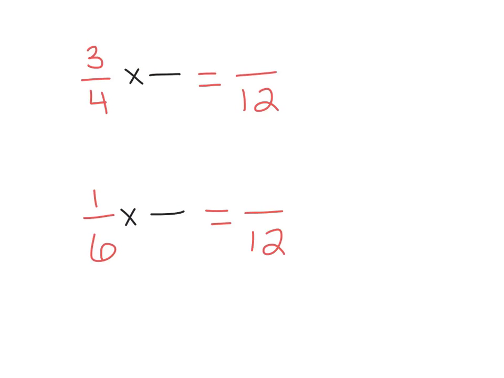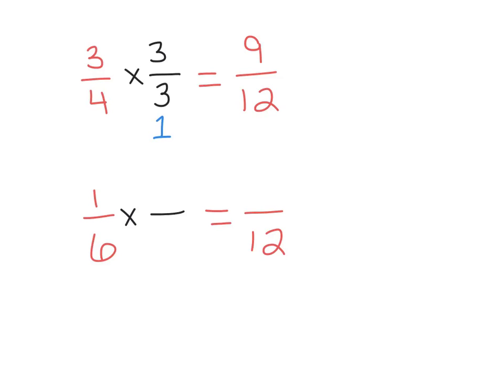Think, 4 times what is 12? 4 times 3 is 12. If we multiply the denominator by 3, we must also multiply the numerator by 3. 3/3 is equal to 1, so we're just multiplying by a fraction equal to 1. 4 times 3 is 12, 3 times 3 is 9, so 3/4 is equal to 9/12.